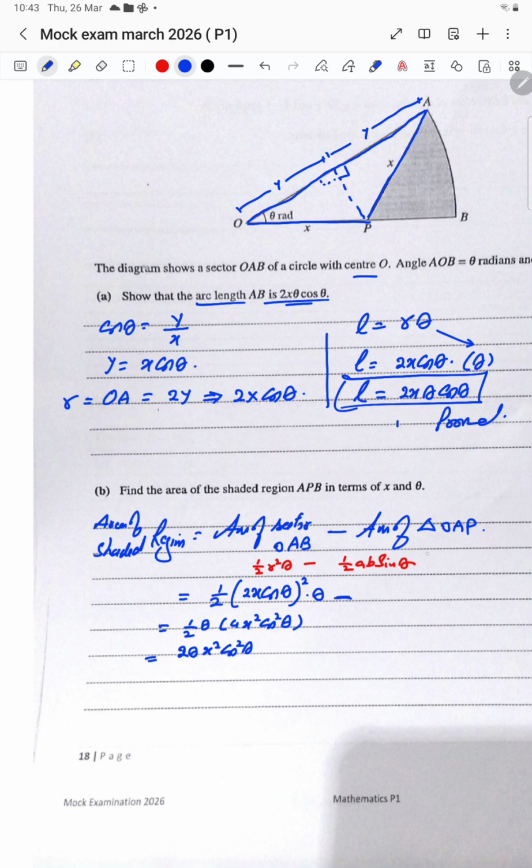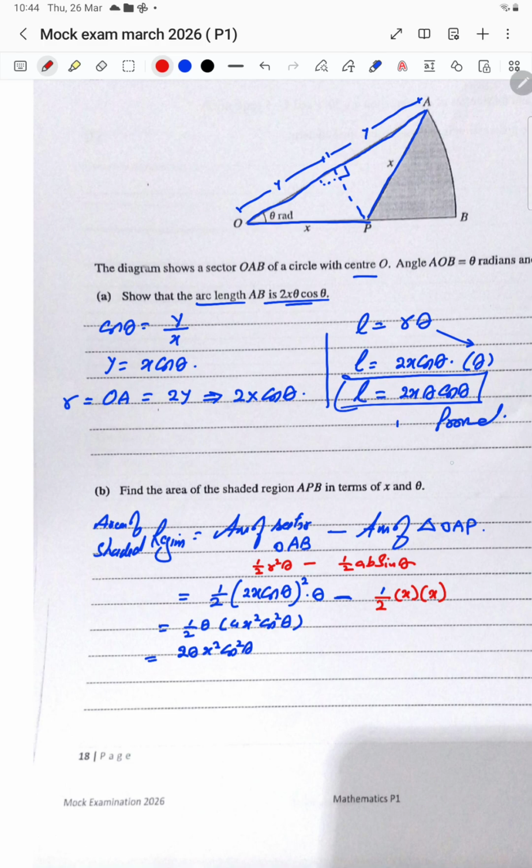Now here area of triangle is half, 1 by 2. Let me write with the red. So 1 by 2, A is x, B is also x, and sine theta, for the right angle triangle, I have sine theta cos theta, x sine theta. You can have this one.